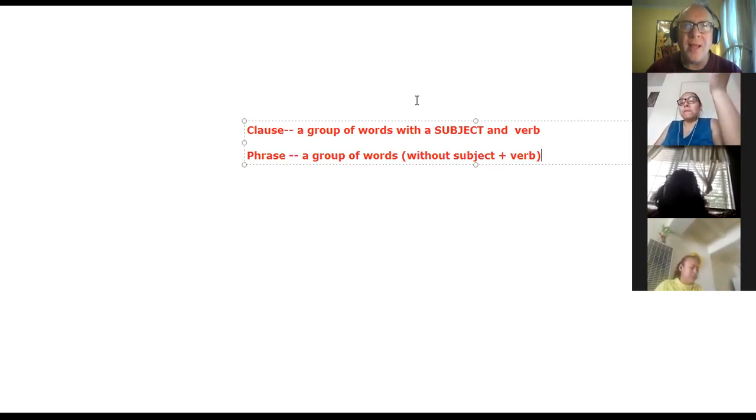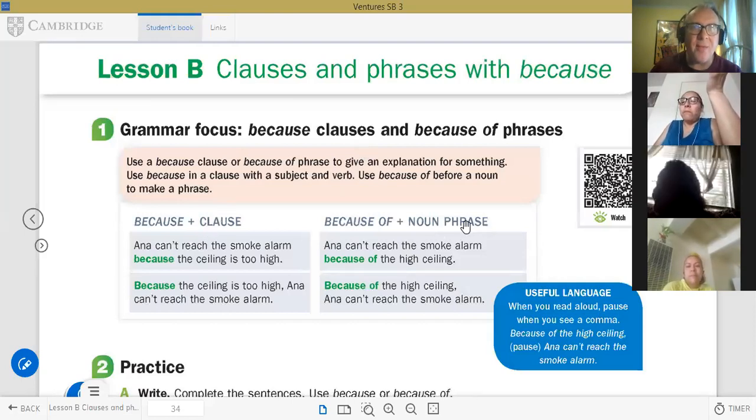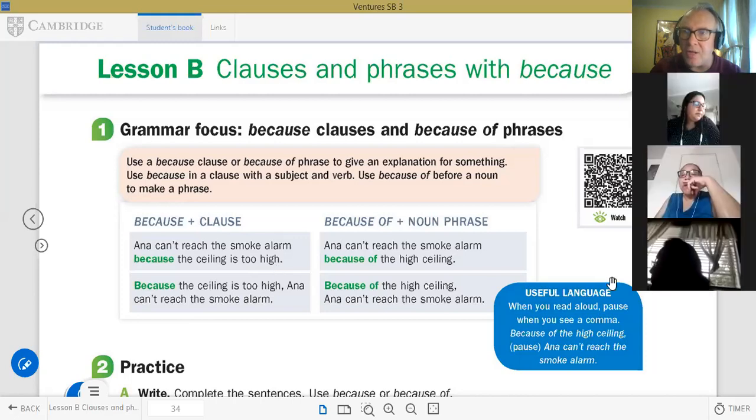So if we go back to the book and look at clauses and noun phrases, we have here, Anna can't reach the smoke alarm because the ceiling is too high. Do you see what that is?